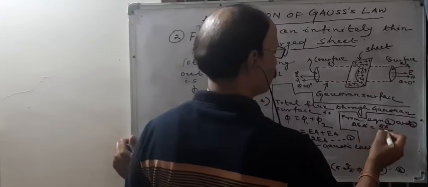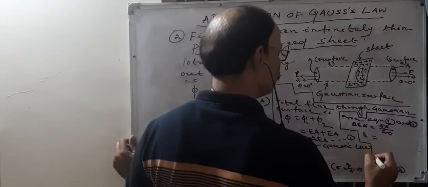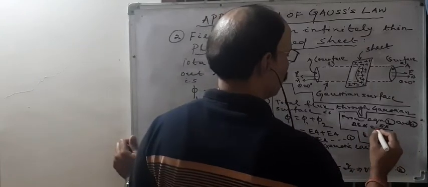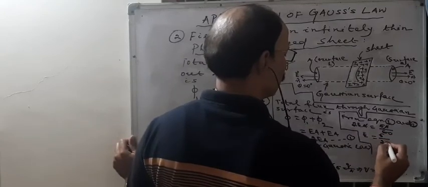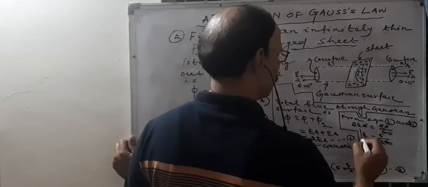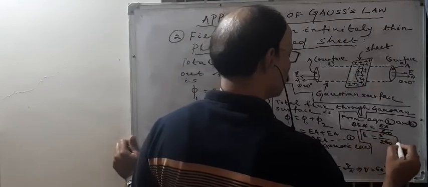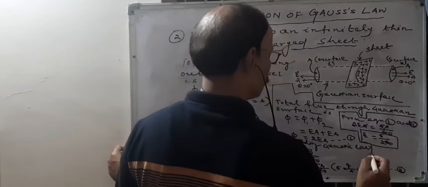So A and A will be cancelled out, and E will be equal to sigma upon 2 epsilon naught, since the 2 is multiplied here and it will be divided there. So E is equal to sigma upon 2 epsilon naught.